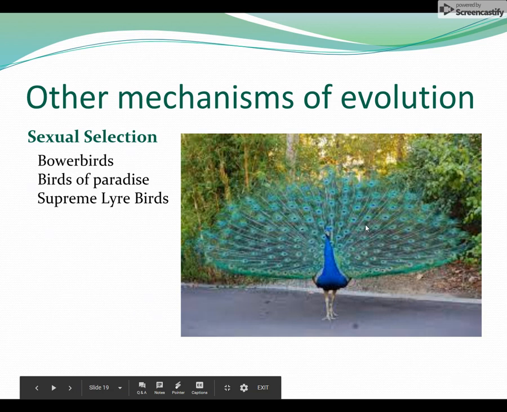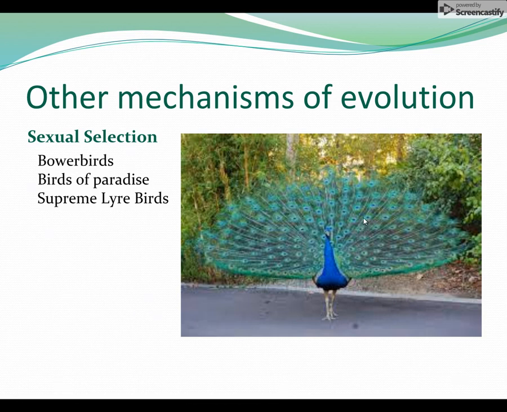Other mechanisms that produce evolution, sexual selection is another one. Sexual selection is where females or males of a species want one specific trait, and that trait is what they find attractive, and that's what they breed with. They breed with individuals that have that trait. The most common example, or the one you're probably most familiar with, are peacocks.